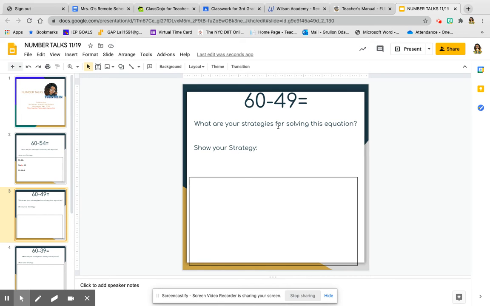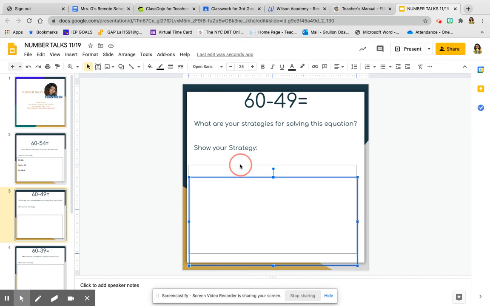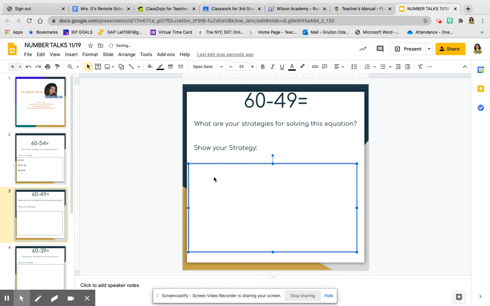60 minus 49. Let's give you a second to think about it. Okay. I'm going to start thinking of the strategies that I can use. And in this case, I'm going to subtract in chunks. So I'm going to rewrite my number sentence: 60 minus 49 equals. And in order to get the chunks, I'm going to chunk out 49.